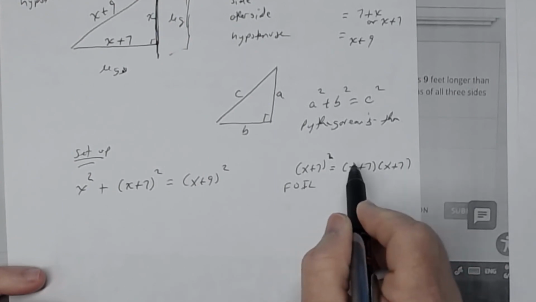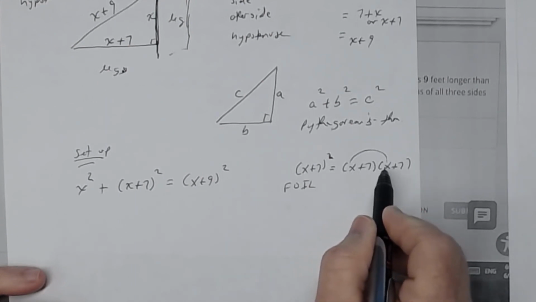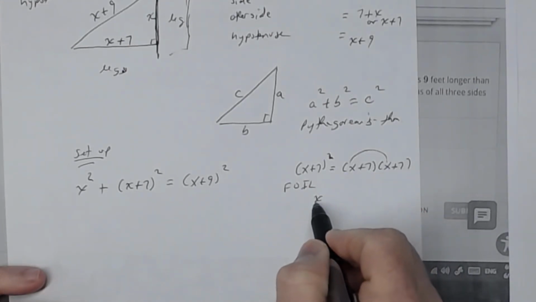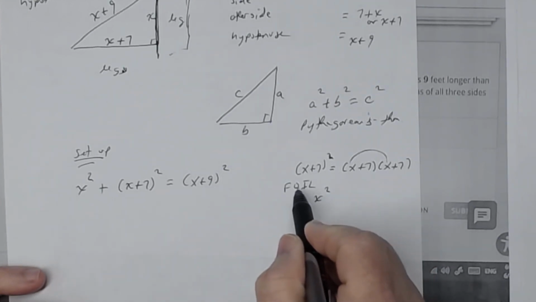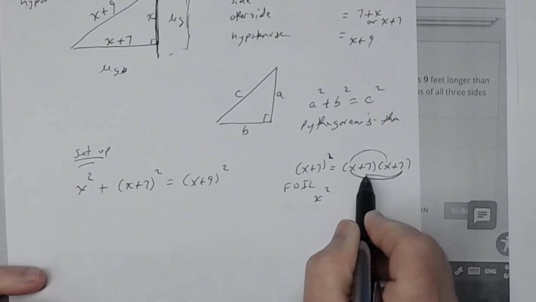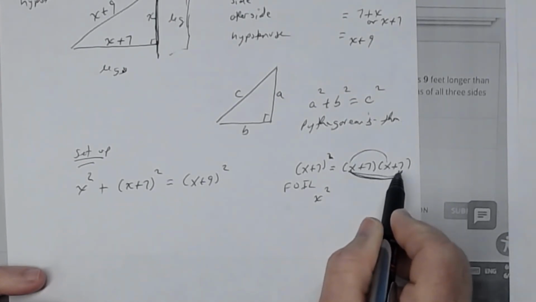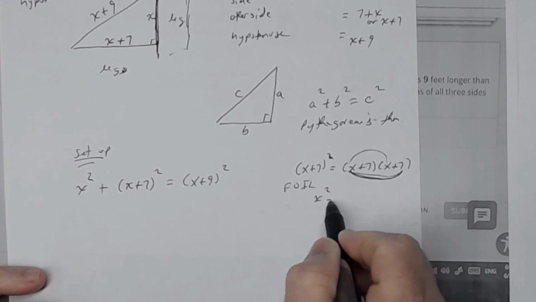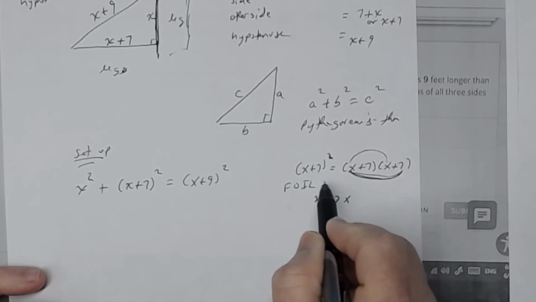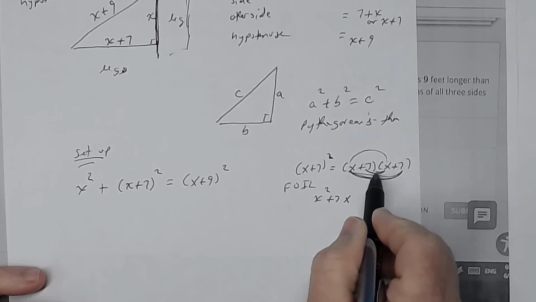So when I look at these two binomials that I'm multiplying together, the first means first term times first term. So x times x is x squared. O means outer. So the outer terms, the terms on the outside, x times 7 is 7x, so plus 7x. Then the inner terms, the inside terms, that's 7 times x again.